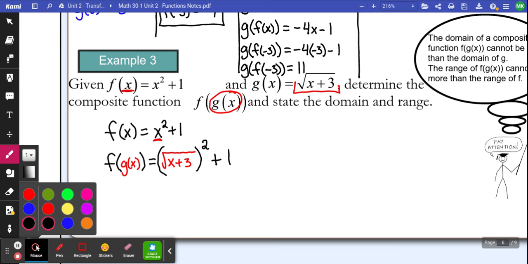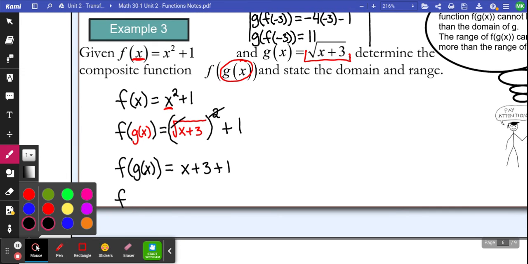You could simplify this, and you should. So this should simplify, right? If I have the square root of something and then I square it, those will cancel out. So I really have x plus 3 plus 1.